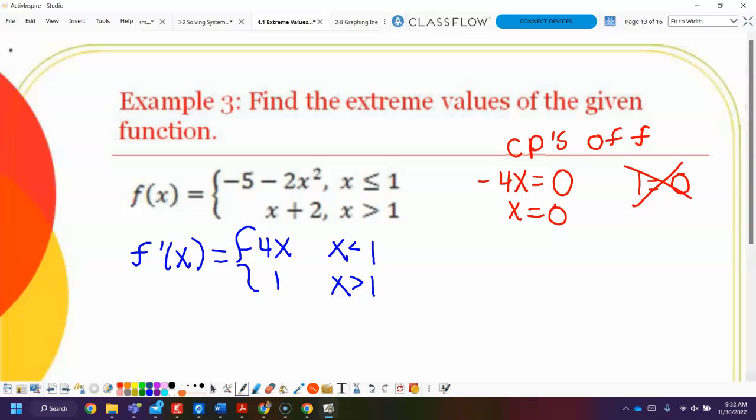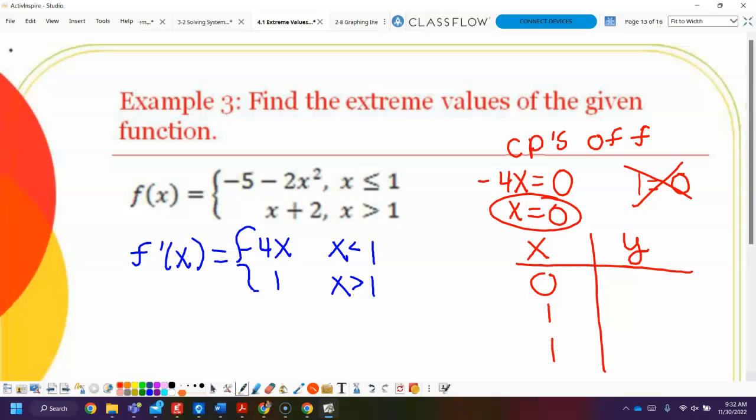Because this is a piecewise function with a single critical point, and it's not continuous, local maxes or mins can occur at its endpoints now. So for the candidates test of a piecewise function, you have to check your critical points as well as your two endpoints to determine if either of those are mins or maxes.